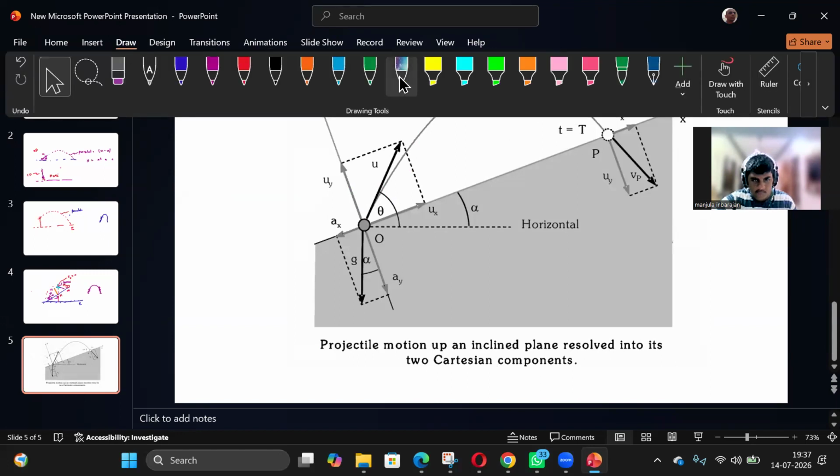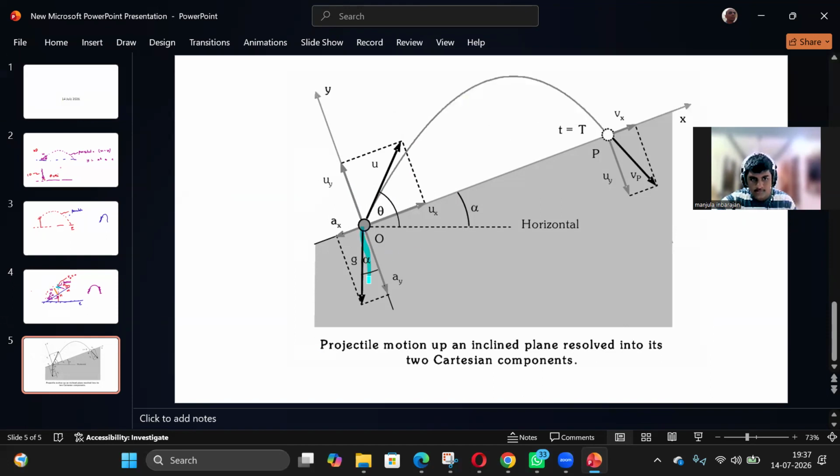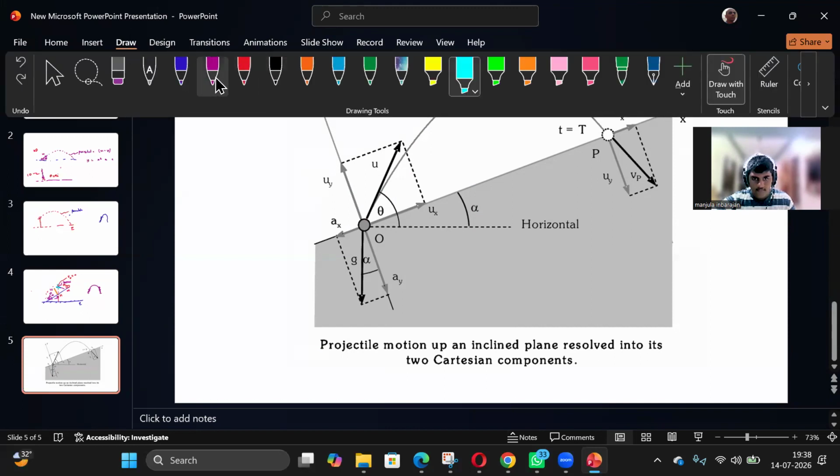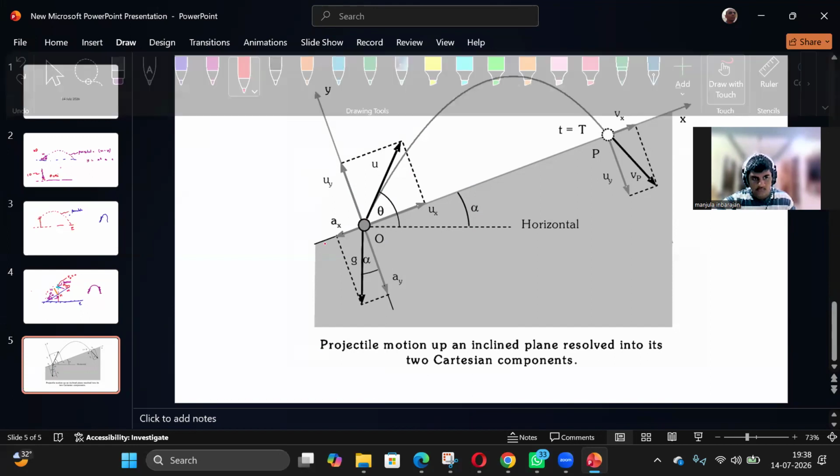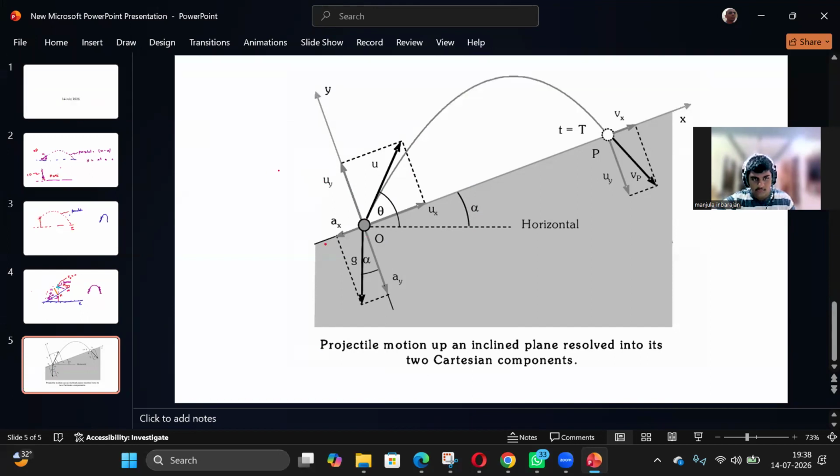G is vertically downwards. Okay, so alpha is the angle of the plane with the horizontal. If the angle between two lines, we use this result.